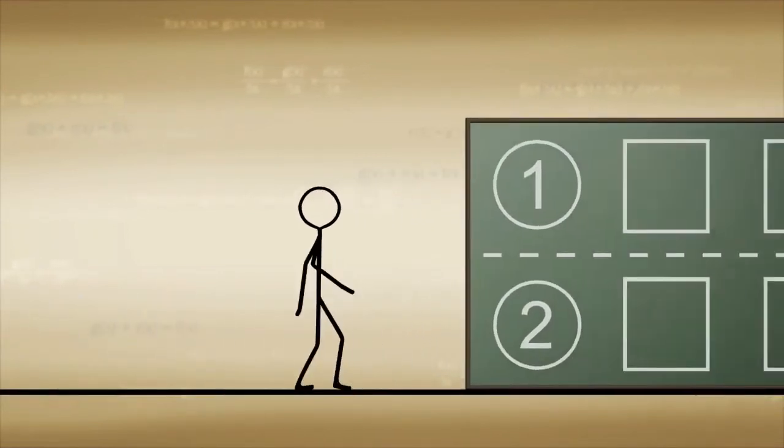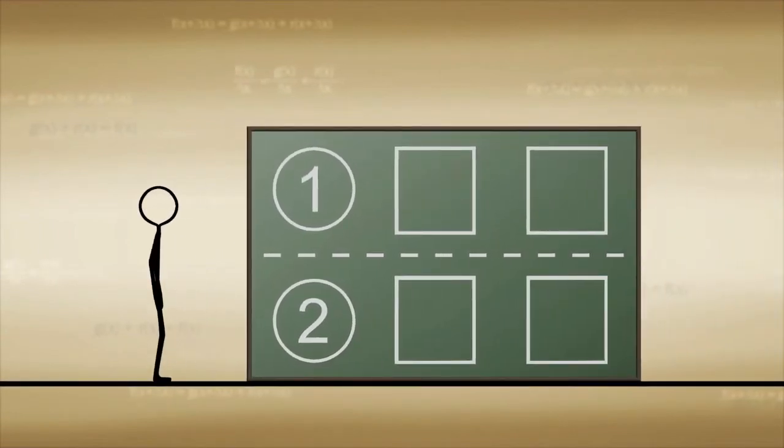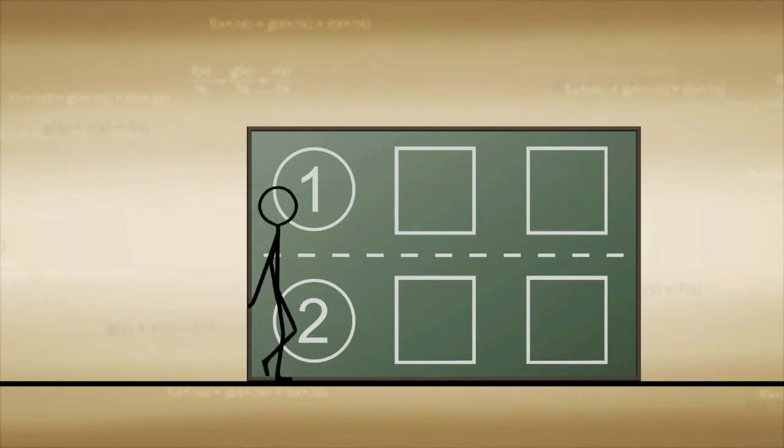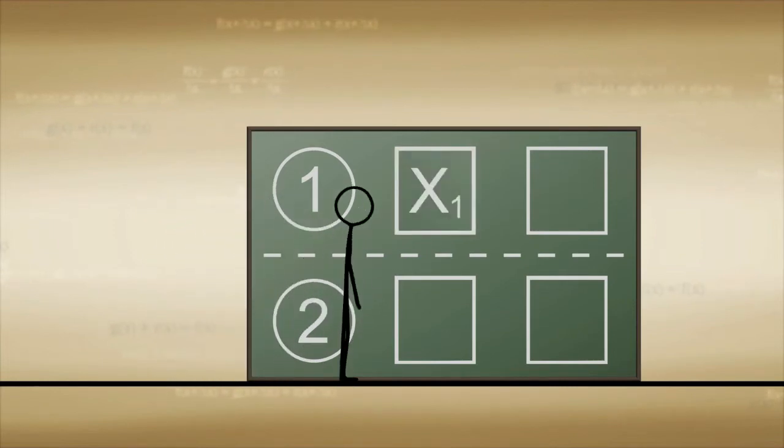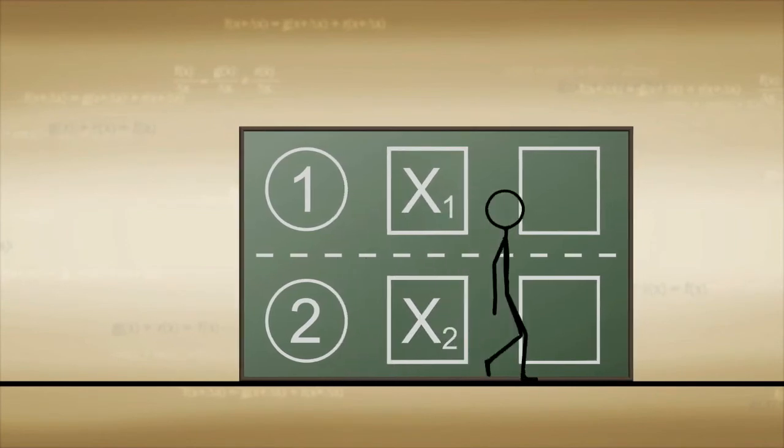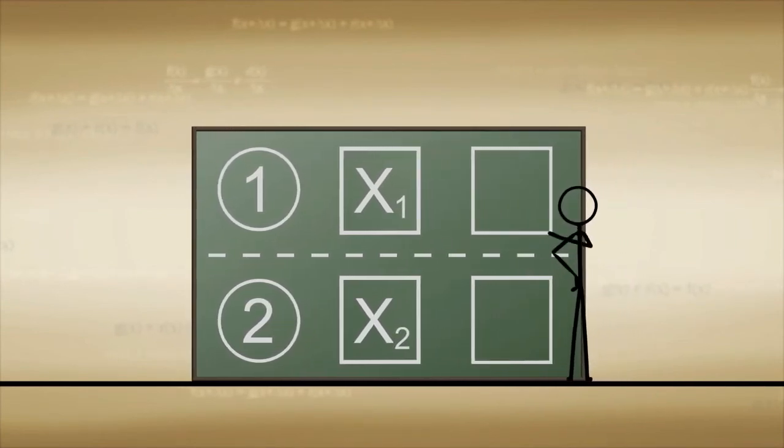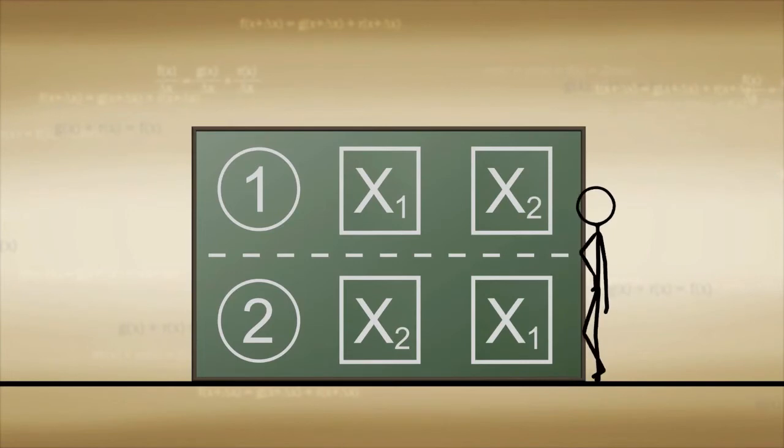We know that we have 2 sides to work with. If the order in which the sides are written down does matter, then we can simply say that for the first side we can choose from 2 choices, x1 or x2, and for the second side we have only one choice, whatever is left, x1 or x2.